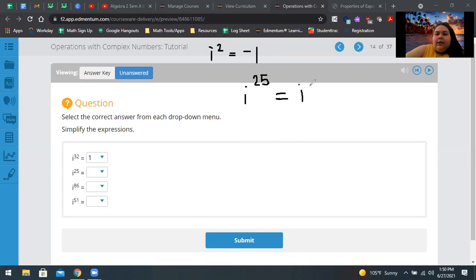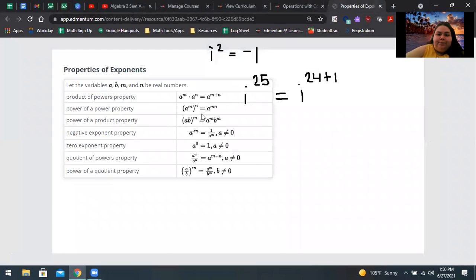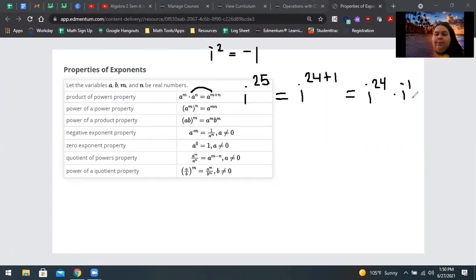Let's just say this is raised to the 24th power plus 1. The reason I'm doing that belongs to the product of powers property. I have the same base of i, but I wrote 25 as 24 plus 1. And do you see, I am working backwards. So then this is going to be i to the 24th power times i to the 1 power.